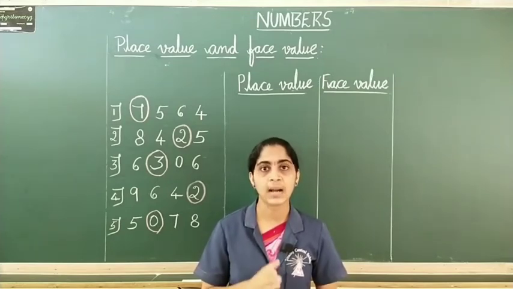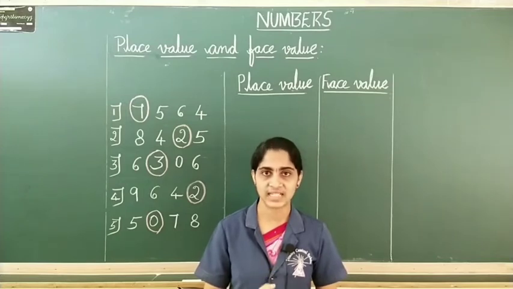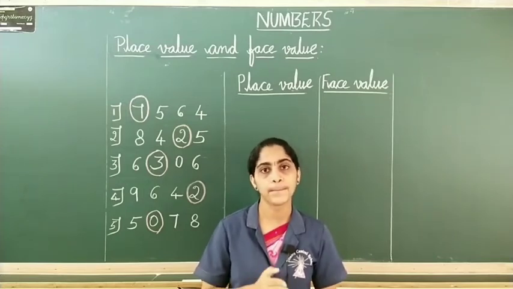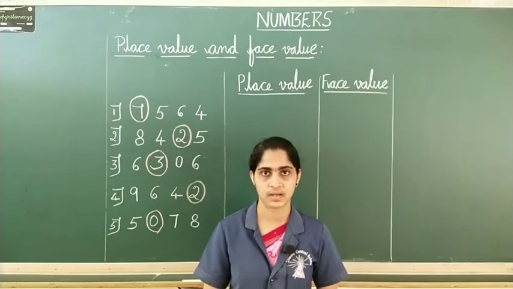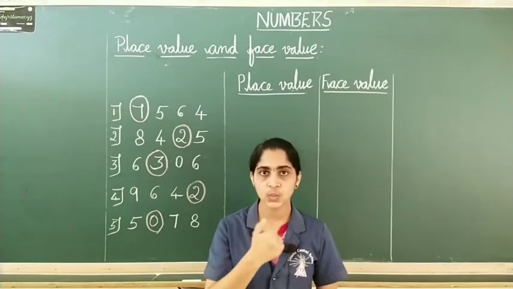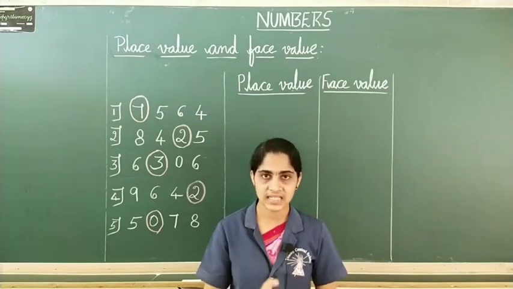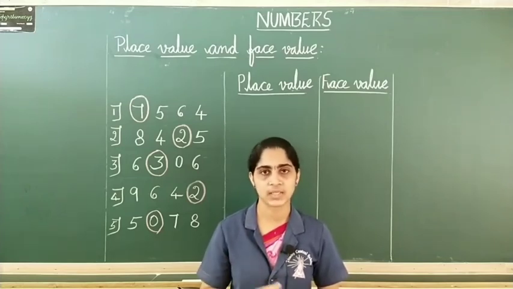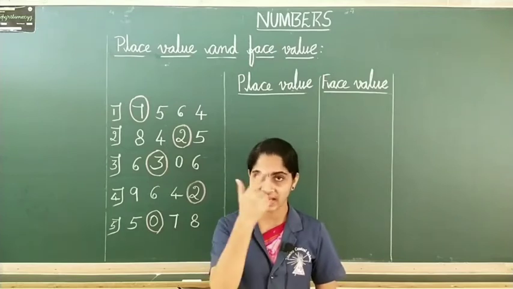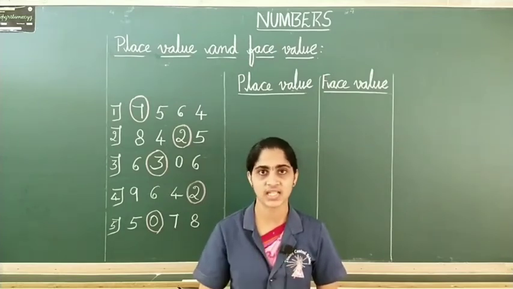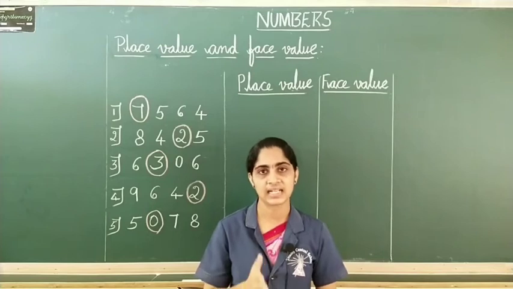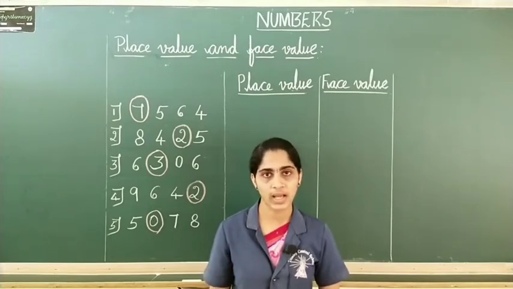I repeat, place value of a digit depends on the place of a digit, whereas face value of a digit does not change. That digit itself will be its value. So face value does not change. That digit itself will be its value.